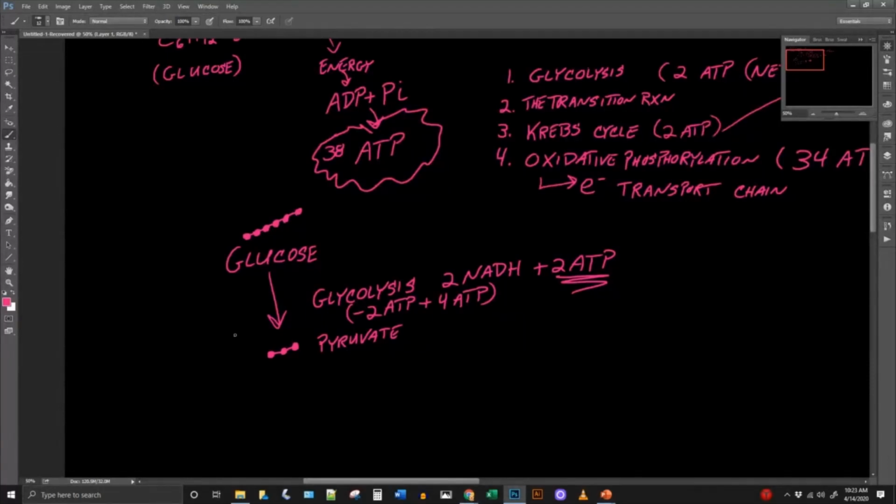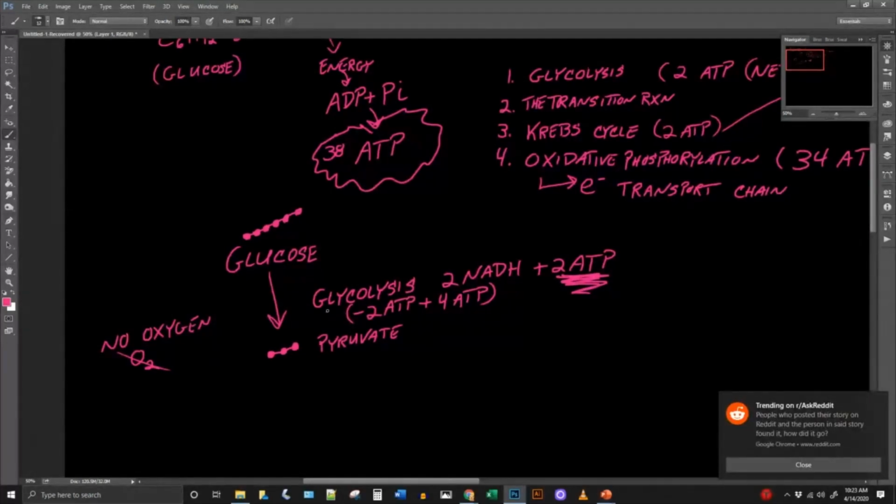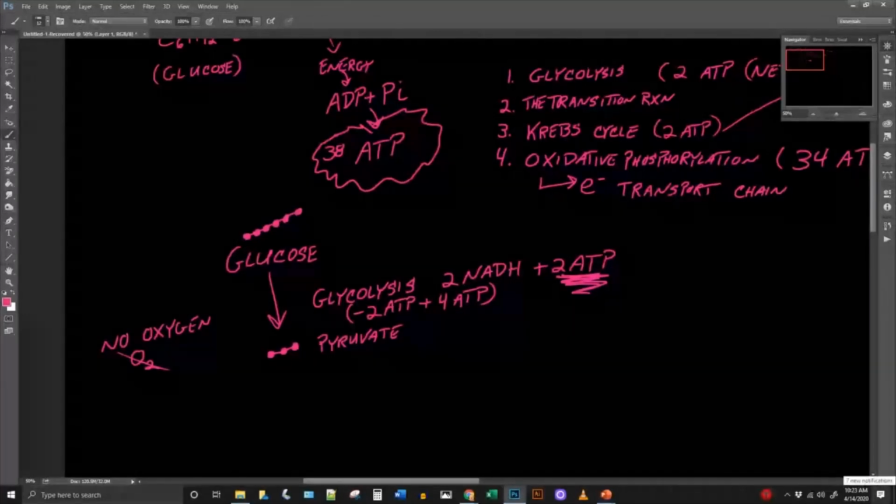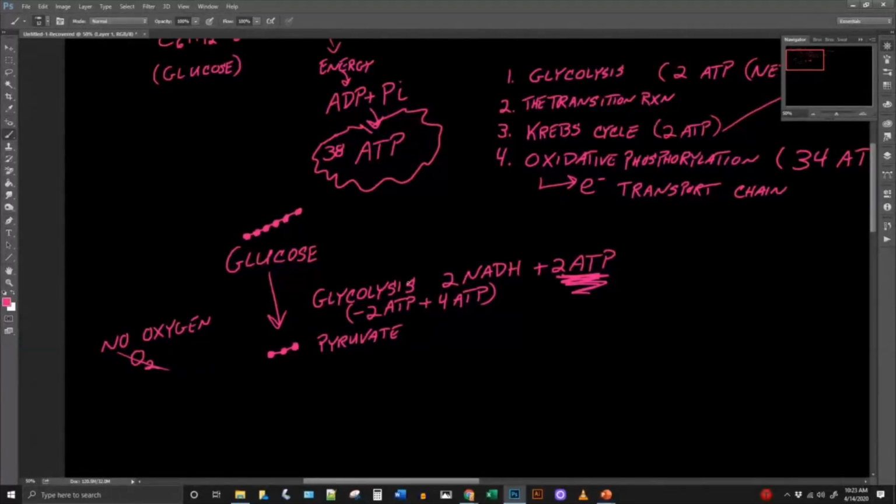All right. So if there is no oxygen present, and when we say oxygen, we mean O2, then we have a problem, because the only way we can get more ATP is to keep doing glycolysis.